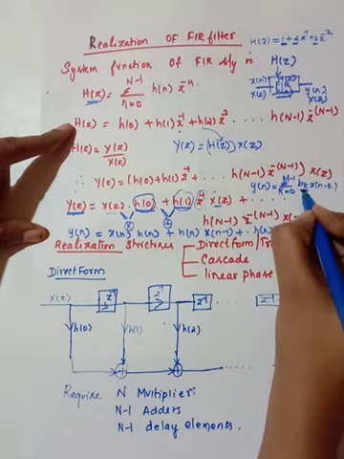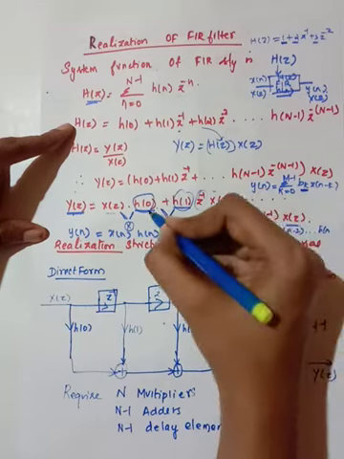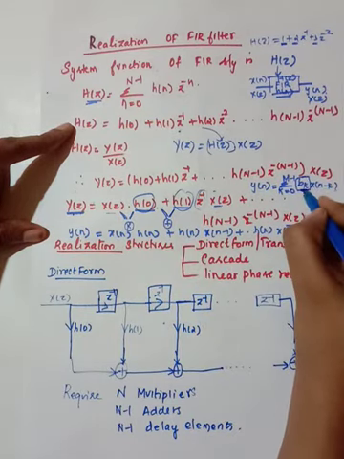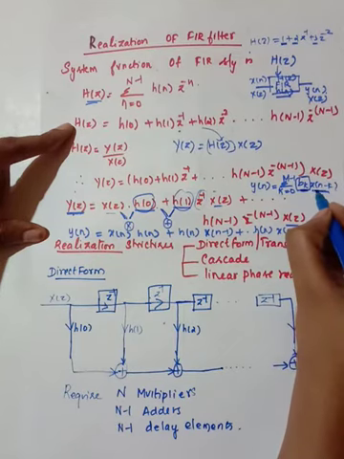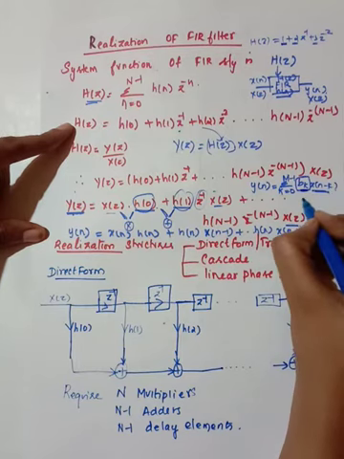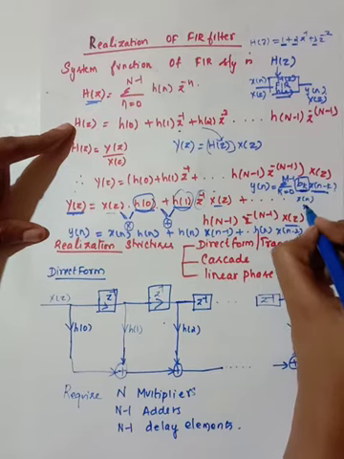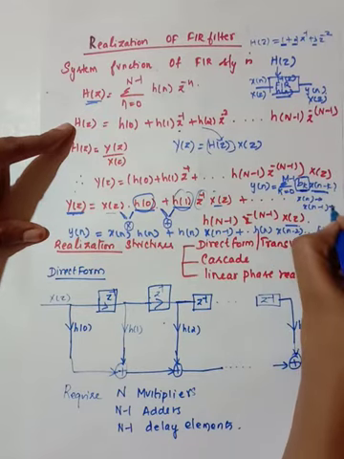When you substitute k equal to 1 you will get b1, which is h of 1. So this represents the coefficients of the filter. Now this represents the input. When you substitute k equal to 0, you will get x of n. When you substitute k equal to 1, you will get x of n minus 1. This represents the present input, and this represents the delay.